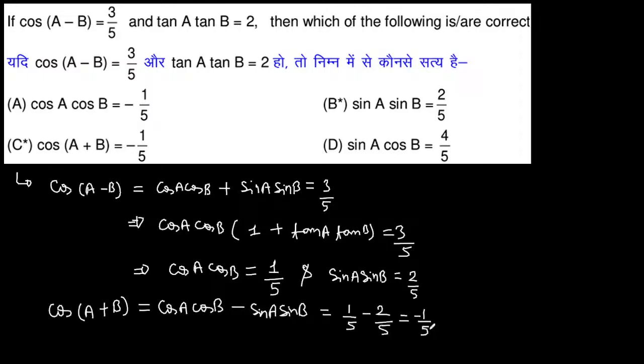Okay, got it. So in case we would like to find sin A cos B, how would we find it? Because it is difficult. Okay, how to find cos B?